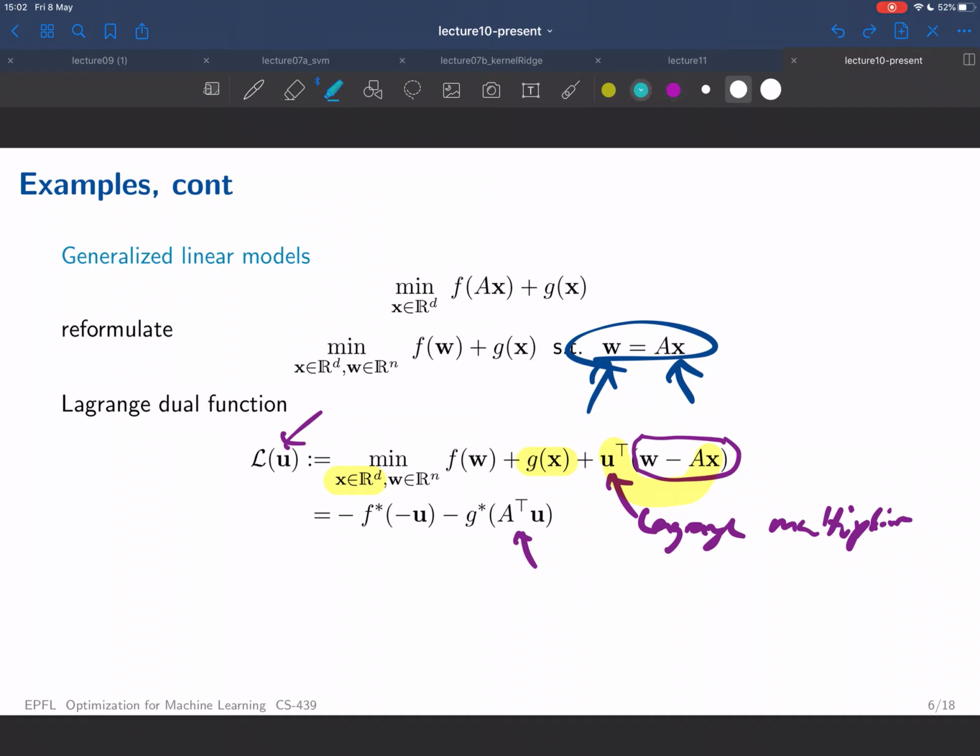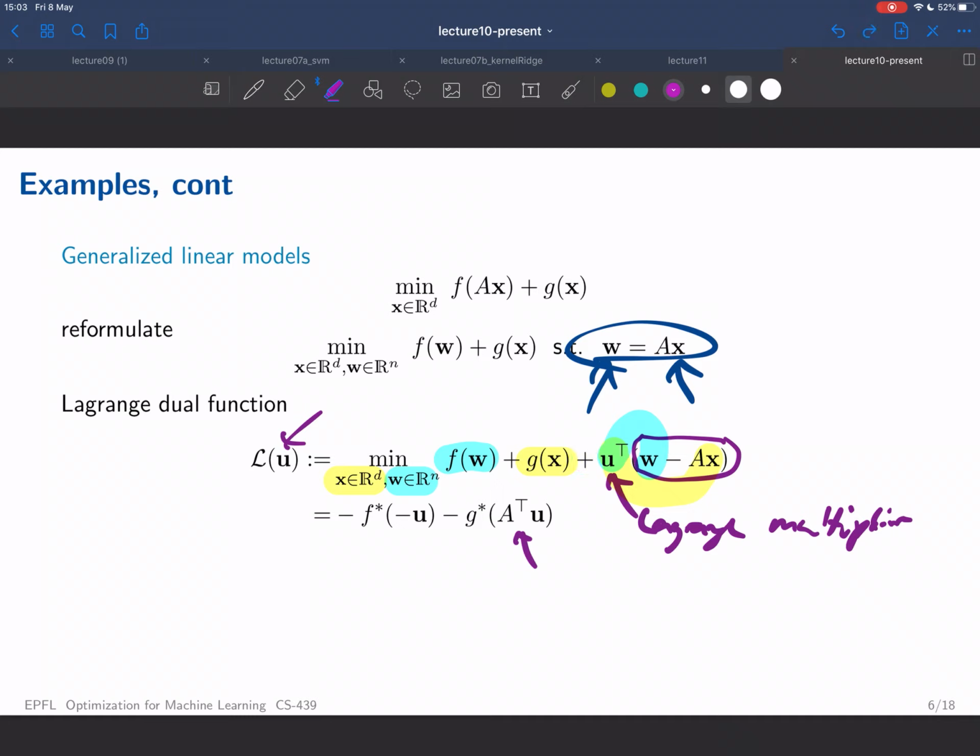For the w part, that one is actually a bit easier, and that will give us the conjugate of f. Let's see which parts depend on w. It's these two parts: the f part of course, and then also the u times w. That is super easy to see. This is precisely the definition of the conjugate, except that we have a plus here, but we should have a minus.